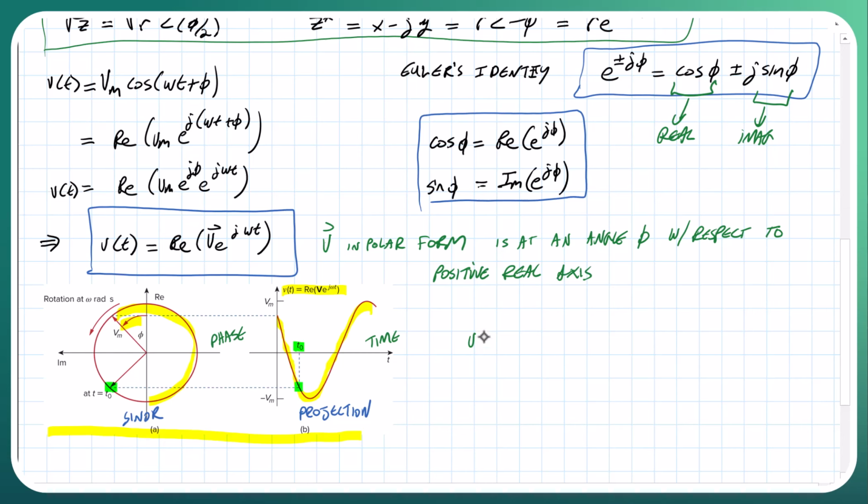V of t is equal to Vm cosine omega t plus phi, and we can go back and forth between that and V, which is just Vm angle phi.